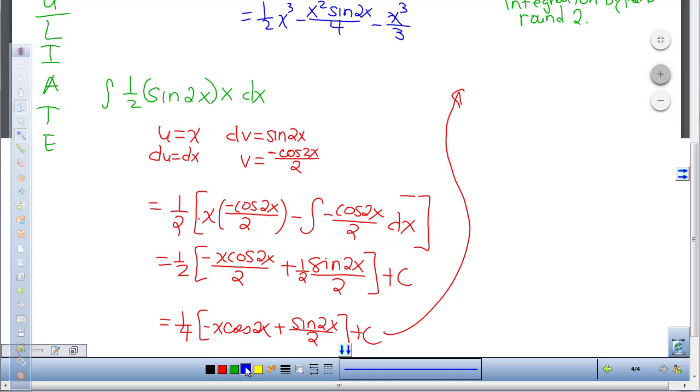So we get minus 1/4 x cosine 2x plus sine 2x over 8 plus c.